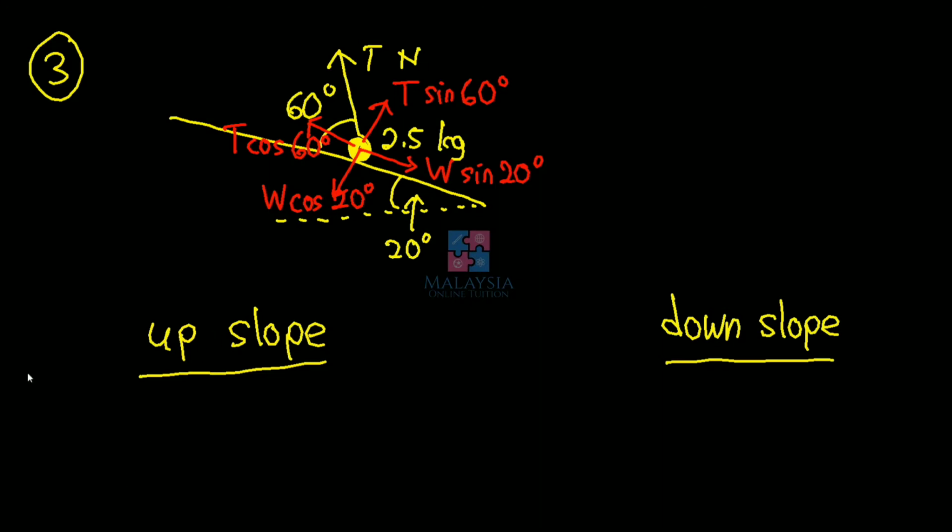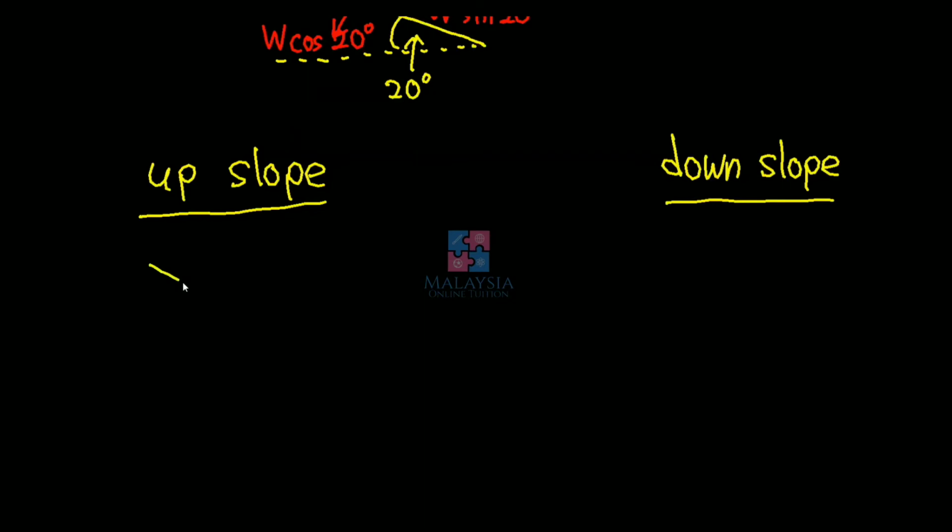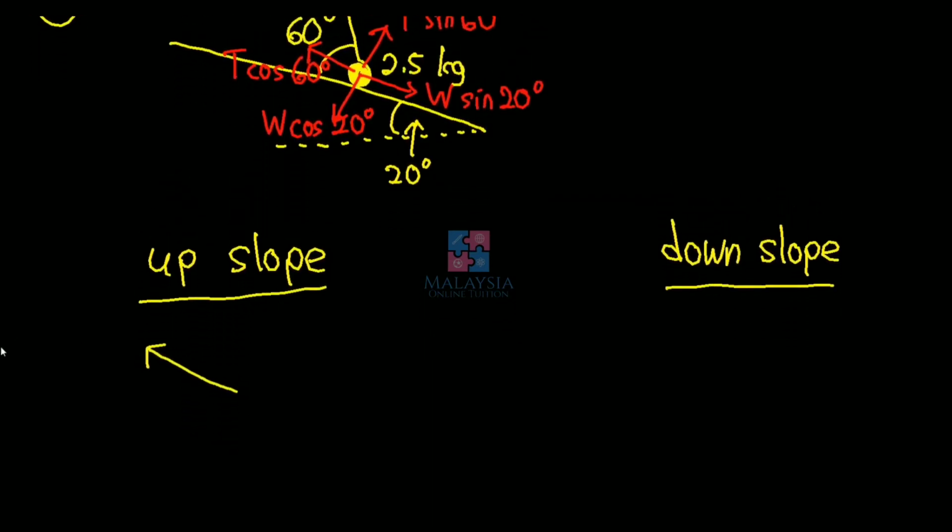So now up the slope. When we have it up the slope, we can draw something like this. Going up the slope, we will have T cos 60 degrees. And since we are going up the slope, the friction will be acting downwards, or down the slope, and the W sine 20 degrees will also act down the slope.